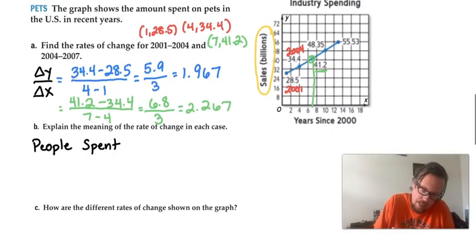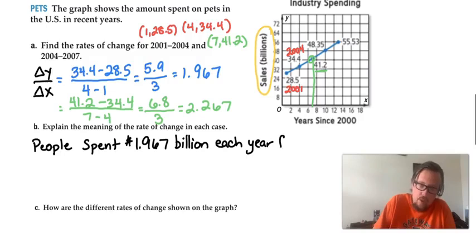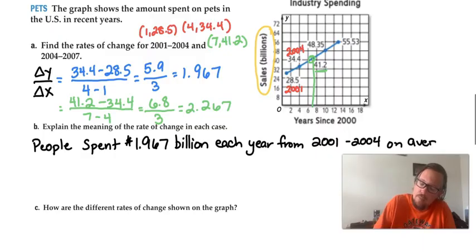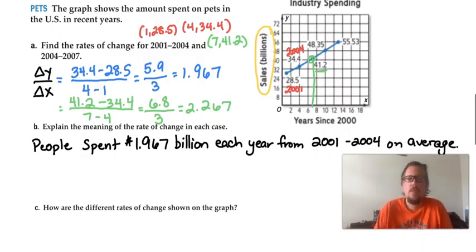So we're going to say they spent $1.967 billion each year from 2001 to 2004 on average. Okay.